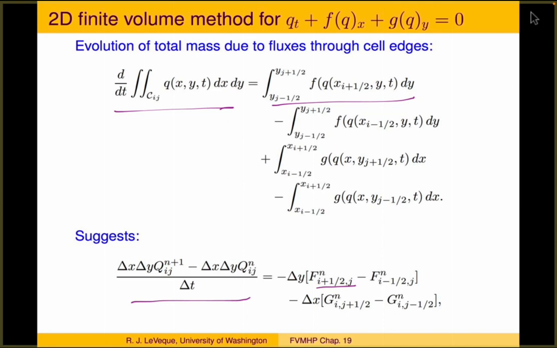For example, at the right edge, at x i plus a half and y going between yj minus a half and yj plus a half, as we integrate along the right side of the cell, that integral we could approximate with this numerical flux at the right edge of the cell. Similarly, this flux we would approximate with some numerical flux at the left edge, and then at the top and the bottom we'd have approximations to these two integrals.